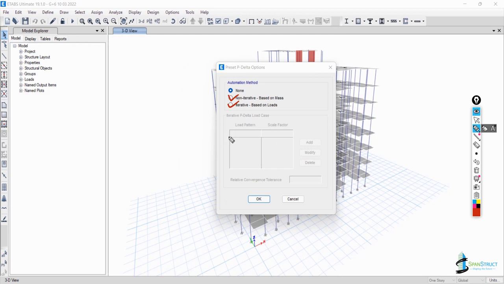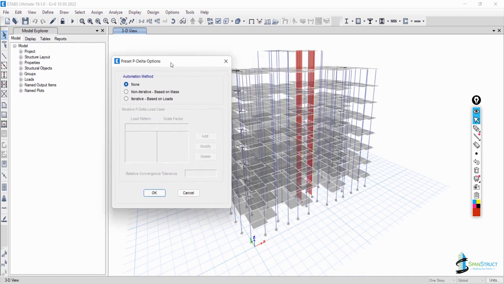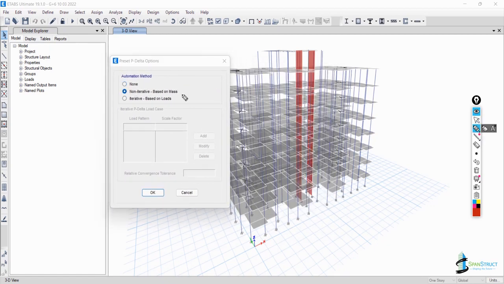Now let us understand first of all non-iterative based on mass. First of all understand this, then we will understand what actually iterative based on loads is. So when you want to capture the effect of the P delta by the non-iterative based on mass option, when it is required to calculate the mass of the structure, it will be calculated by story.